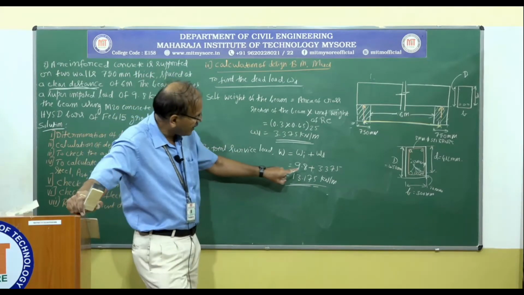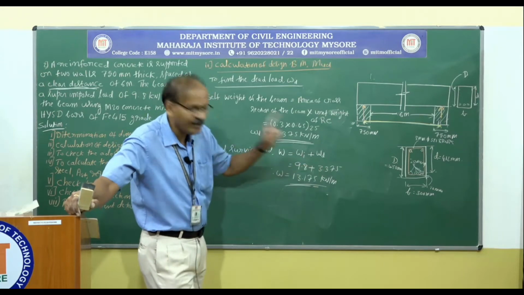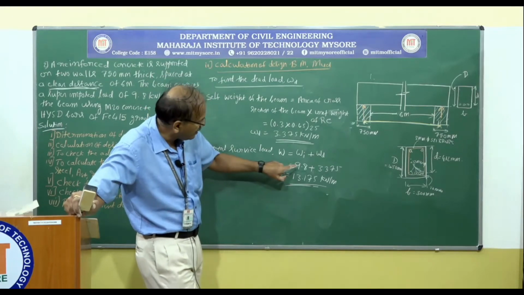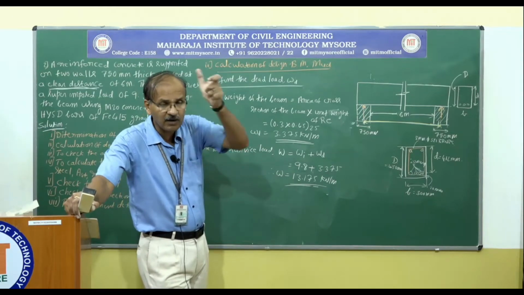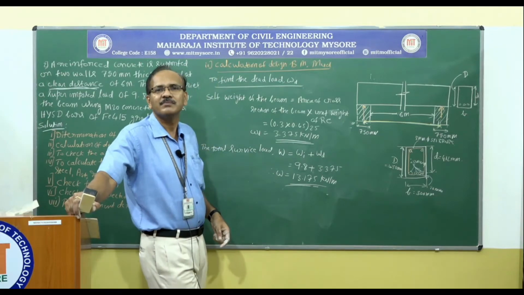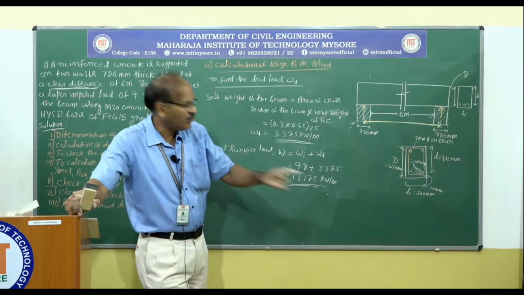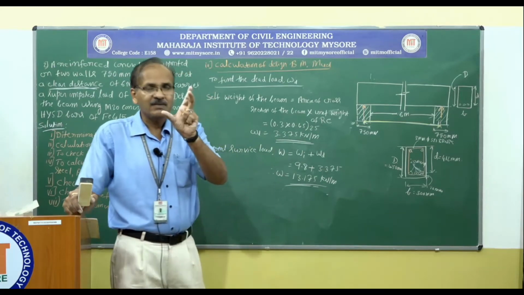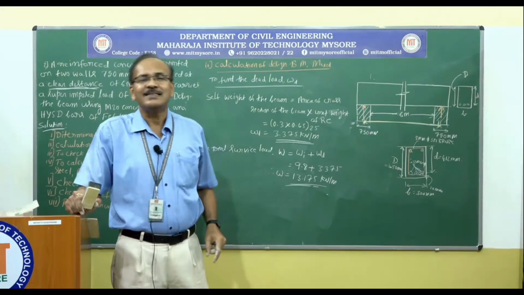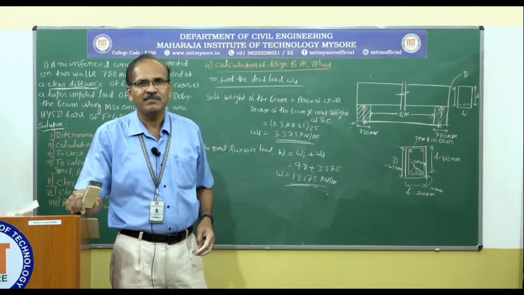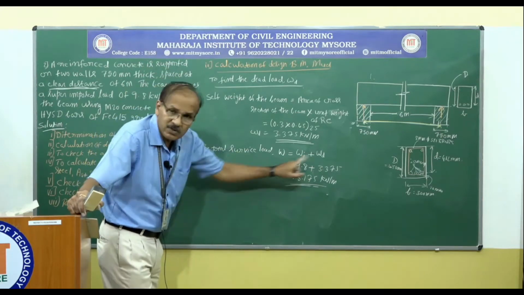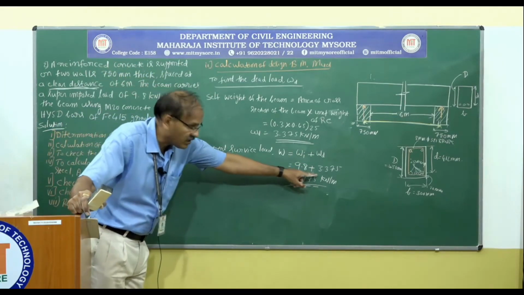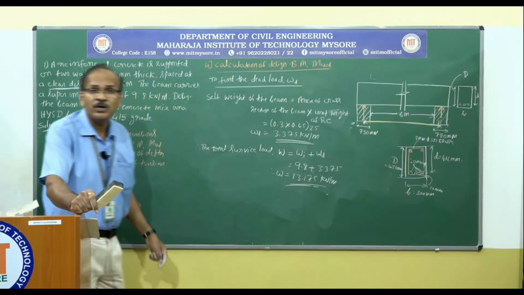In case the load factors differ for live load and dead load, then to arrive at design load you must multiply this value by that particular load factor, say 1.7. For this, say it is 1.4, then you have to multiply 1.4 with this. So when you add that, then you are going to get the design load finally. Okay, here same 1.5 for dead load and 1.5 for live load. So I have added these two numbers. This is the total service load.